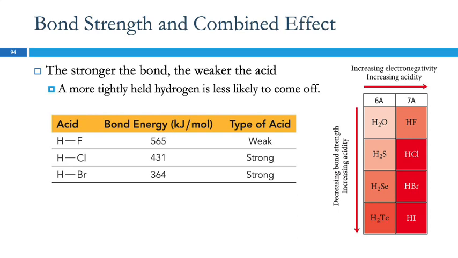The bigger the atoms are, the weaker the bonds between them will be, because there's more distance between them. So HF is a very strong bond. Here we have strong bond energy, and so that hydrogen is less likely to come off. So the bonds get weaker as we go down, and so the acids become stronger.